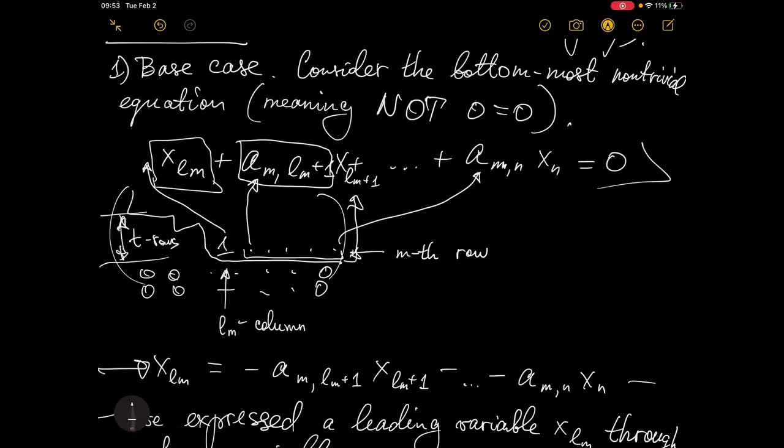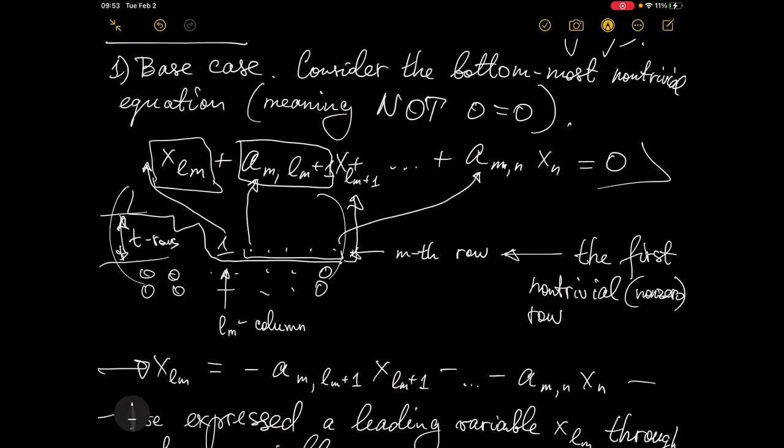Right. So as I said, as a base row, I started with the first non-trivial, which means non-zero row, right? From the bottom. Okay, is it clear or not?